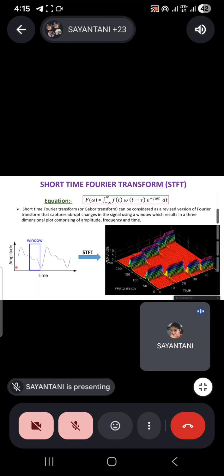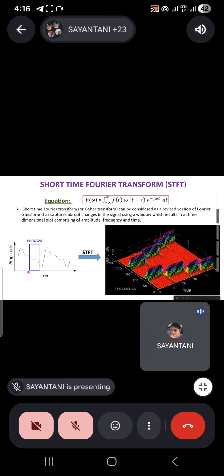So over here, we have amplitude versus time, that is our original time domain based signal, the main EEG signal. Now we are putting a window to capture, and the window slides from left to right or right to left. Okay, so it can slide along the axis of the time domain to capture the abrupt changes taking place within the signal. Okay, so this is the basic philosophy of short-time Fourier transform.